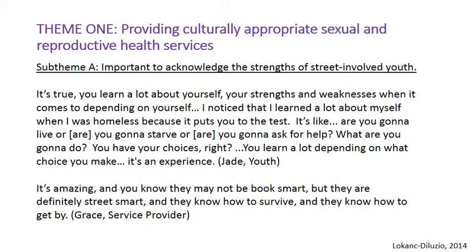It was evident in speaking to youth and service providers that these youth possess several strengths, including their ability to learn from experience, access services and resources, ask for help, and survive while facing adversity. There's a quote here by Jade, who was a street-involved youth.